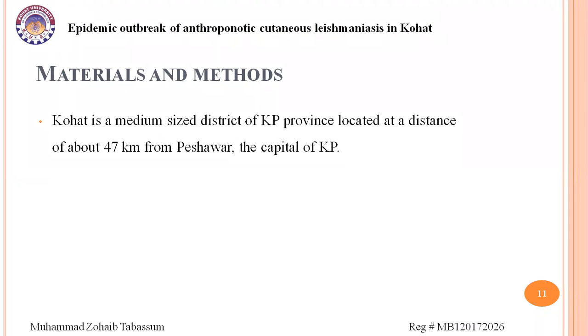The topography of the district is dominated by mountains and hills. The climate of Kohat district is usually dry with extreme heat in summer, around 40 degrees, and extreme cold and dry in winters, about 6 degrees. The average annual rain is about 400 mm.